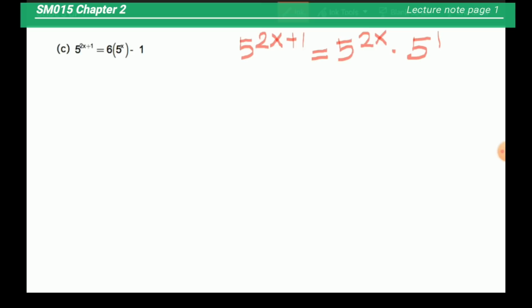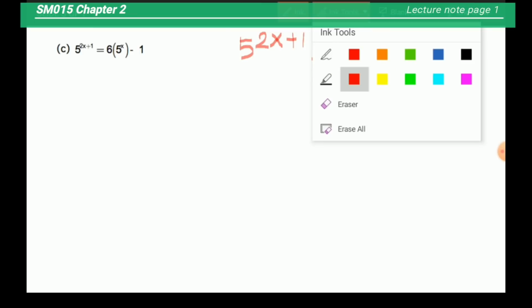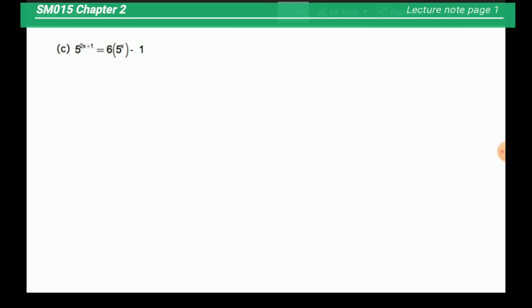So 5 to the power of 2x becomes 5 to the power of x, all to the power of 2. So 5 to the power of 2x plus 1, we can rearrange, it becomes like this.